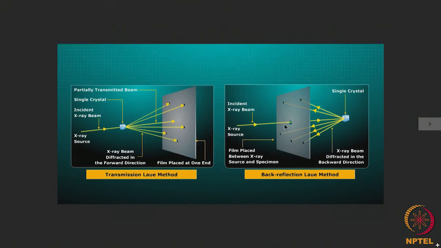In the back reflection method, it is the film which is kept in between the X-ray source and the single crystal, and the diffracted radiation from the different planes in the crystal is allowed to fall in the backward direction on the film. As a result, when we read the film in the transmission Laue method, we read it from this side, and in the back reflection method we have to read it from this side, because the backward diffracted radiations will cut the film in this direction.